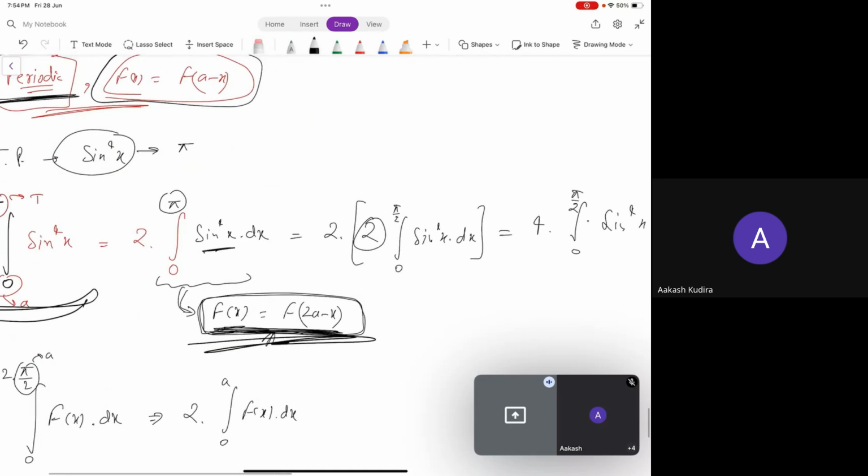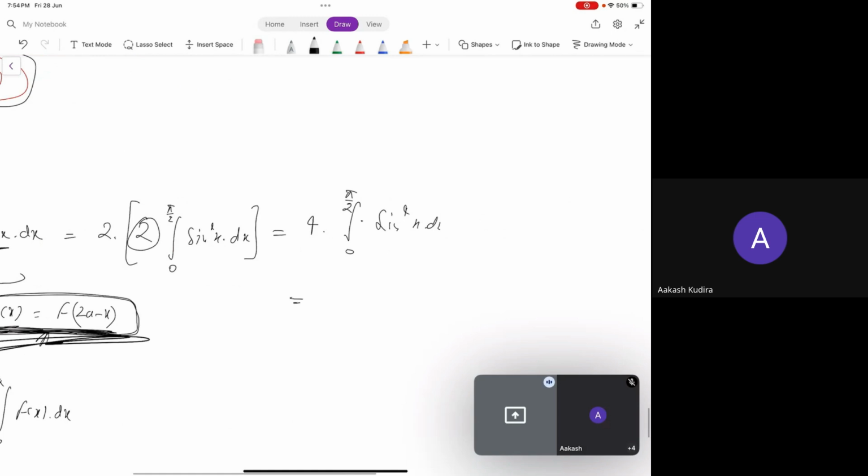So fx can be written as fa minus x. So it can be written as 4 twice of f of a minus x, where a is pi by 2 minus x. So pi by 2 minus x is cos x, correct? So what is k here? K is 4.